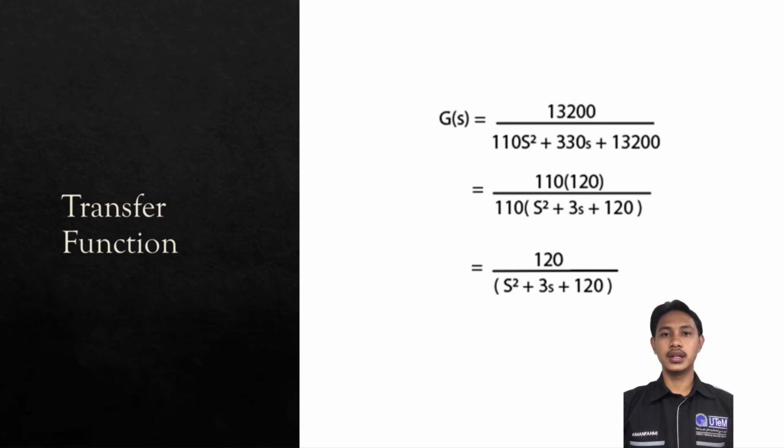After that, this is the transfer function that we use: 13,200 is the spring constant, divided by 110 s squared as the mass, plus 330 s as the damper, plus 13,200 spring constant. Then we calculate, and we get the final equation. This equation is ready to be used in MATLAB software.